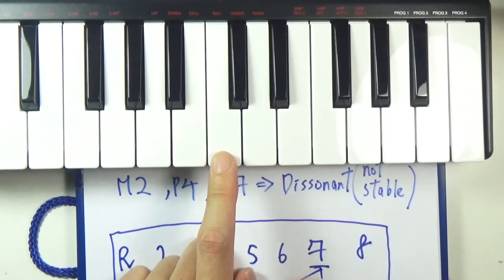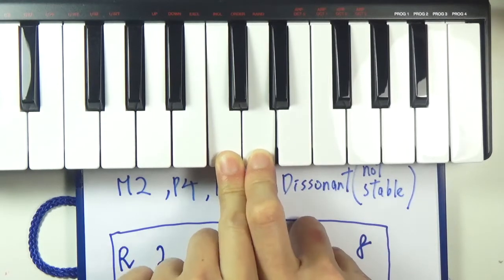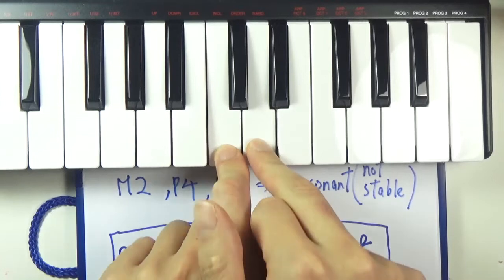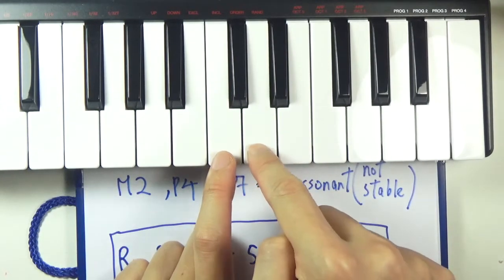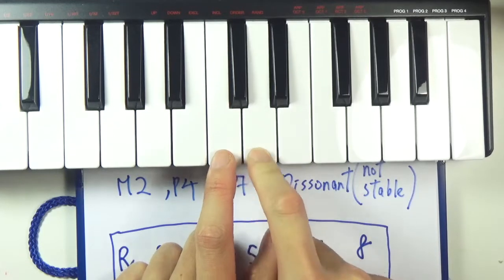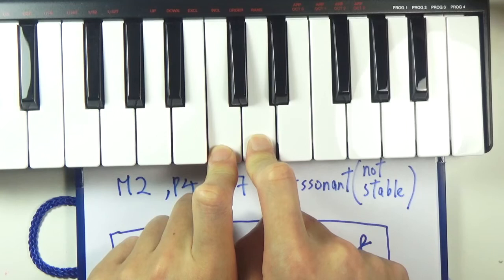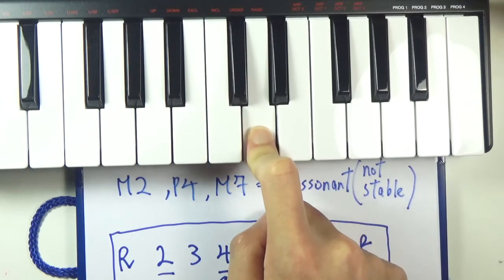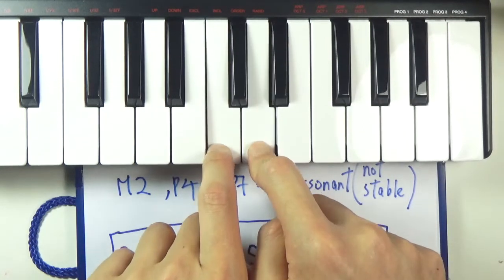We want to resolve this note, but we will worry about that in a later video, probably the next one. For now, what you need to understand is that this interval is really dissonant, because a note played on its own doesn't really mean anything. You have to compare it to other notes, right?